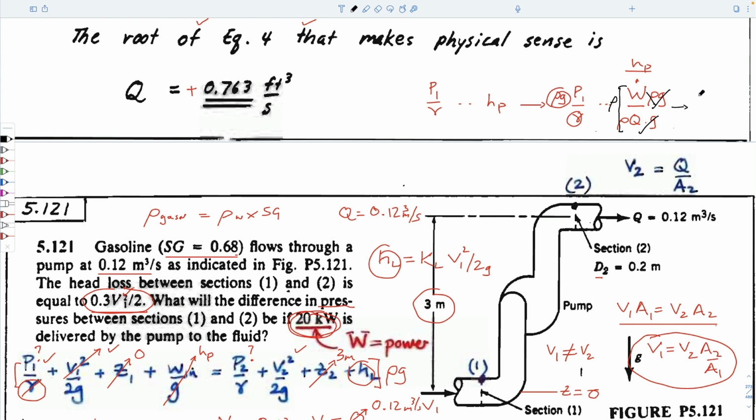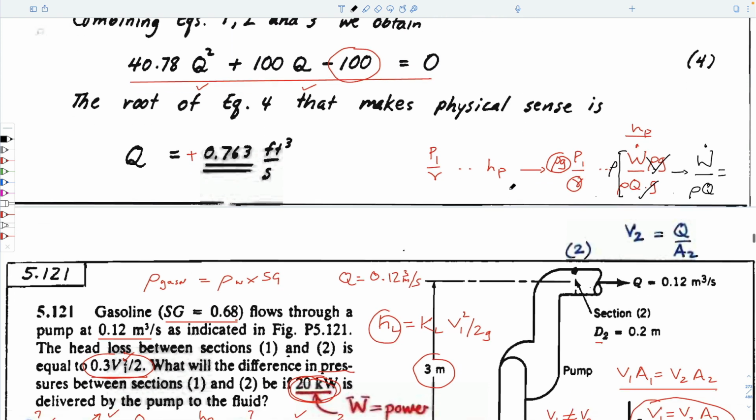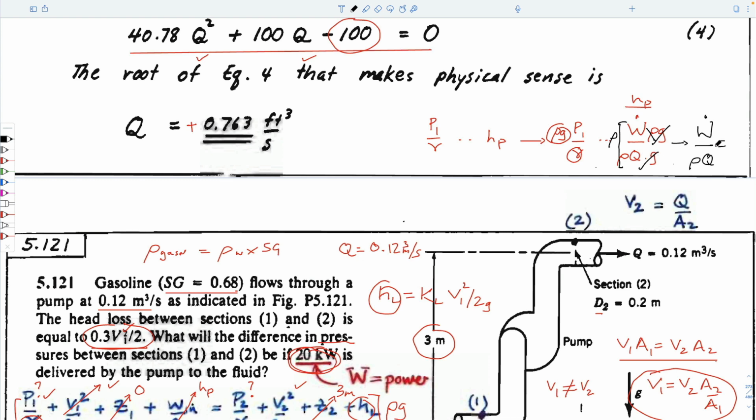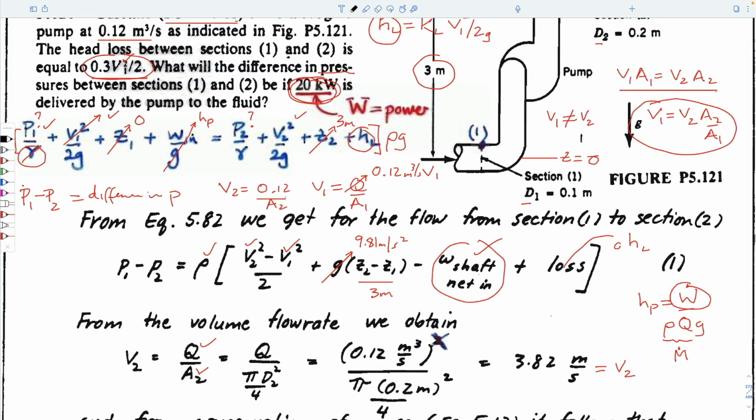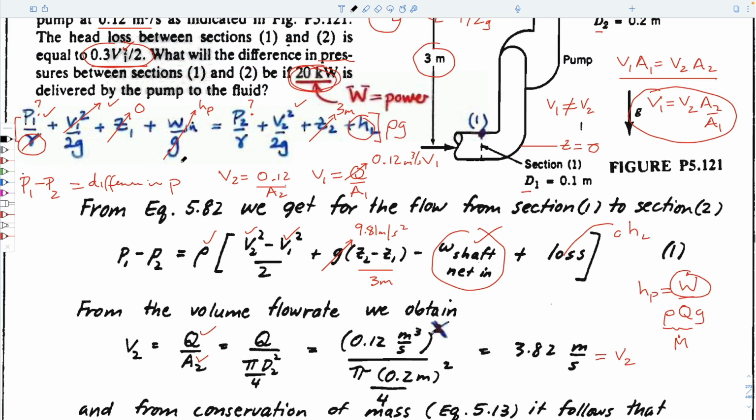And so this term has gone to be W dot over rho Q. And this is equal to, I think, what we've called lowercase w. Make sense? I think that's exactly what they've done. So we've started off with this term here, which was HP.